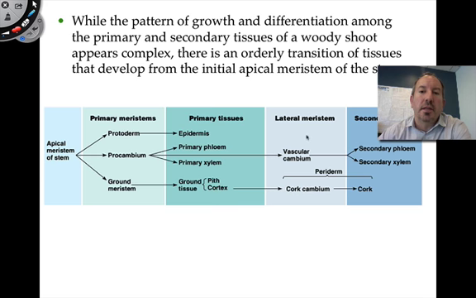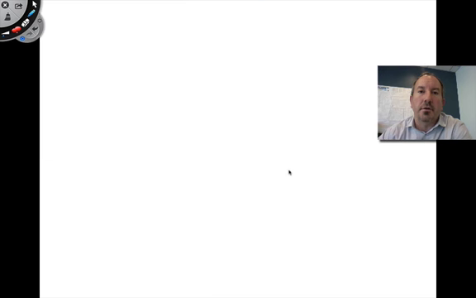But eventually, the lateral meristems, of which there are two, vascular cambium and cork cambium: the vascular cambium will eventually produce the secondary xylem towards the inside and the secondary phloem, and then the cork cambium produces the cork, which is then considered periderm. So that's kind of an interesting flow right there.